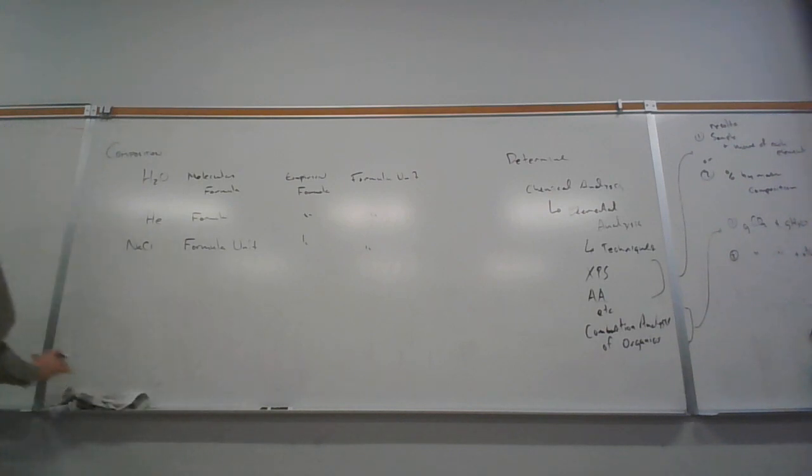So once we get these results, we take those results and determine the formula. But the formula we determine is not just any formula. We determine the empirical formula from this chemical analysis.